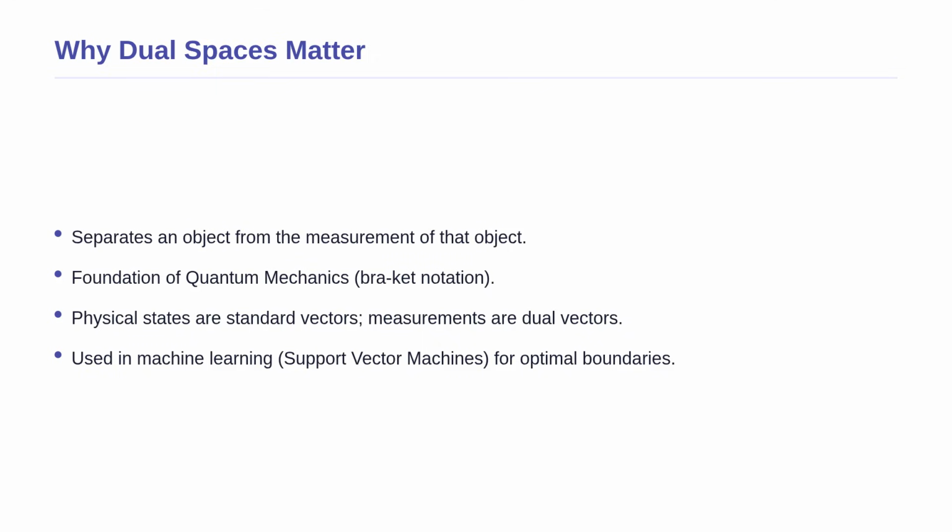Furthermore, in computer science, machine learning algorithms like support vector machines use dual spaces to find the optimal boundaries between different categories of data. Without dual spaces, our ability to mathematically model quantum observations and complex optimizations would completely collapse.